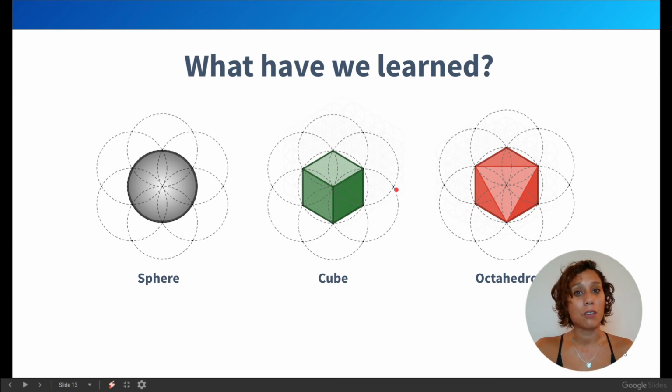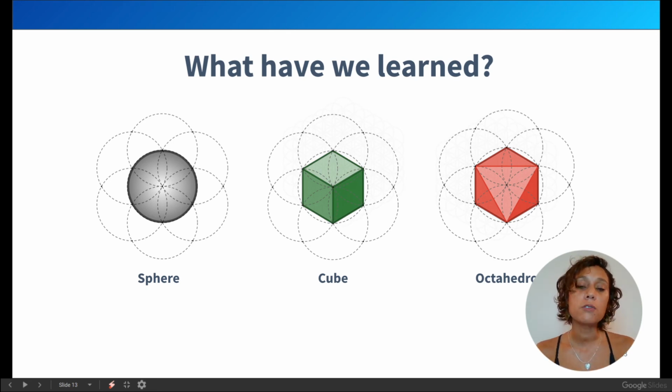But what does it mean now for us? Well, what it means is that these geometries are such fundamental shapes, and you can blow them up and you can make them really small. It doesn't matter. They will always hold the same shape. So if the universe really is based on a holistic and interconnected web of geometries that expresses itself as above, so below, then by understanding the atom and how these shapes work with each other, we can also understand more about our own being and our own energy field and how we work with our consciousness.